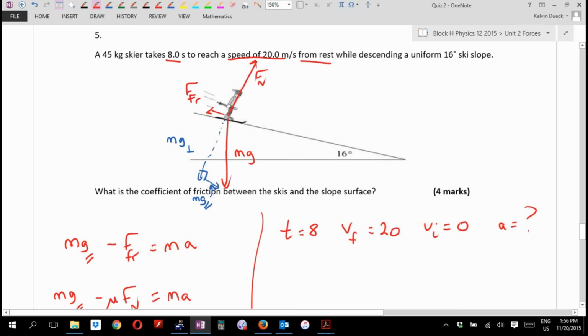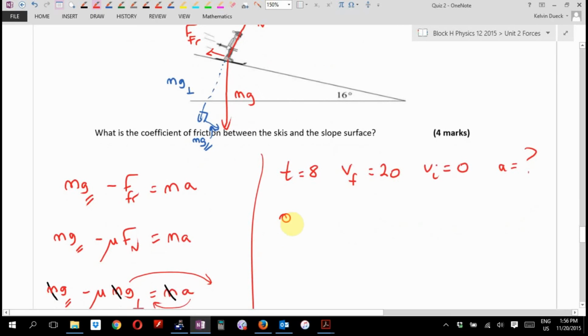I can do that. This is, in fact, physics 11, isn't it? It's vf equals vi plus at. Oh, it's a equals vf minus vi over t, equals 20 minus 0 over 8. 20 divided by 8 is 10 divided by 4 is 5 divided by 2, which is 2.5.